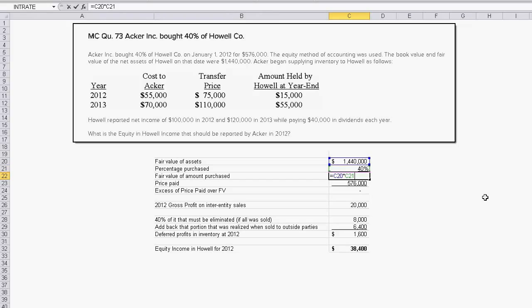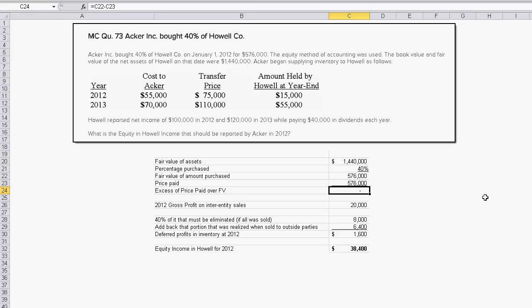So if we multiply those two together, we come up with the fair value of the amount we purchased at $576,000. Now the price we paid was also $576,000, so we have no excess of price paid over fair value. That means we don't need to worry about any stepped up amortization on assets that have a value that's different than the price paid, and we don't need to worry about goodwill.